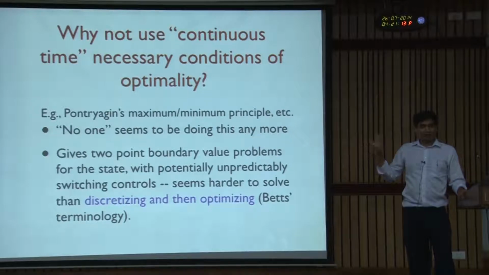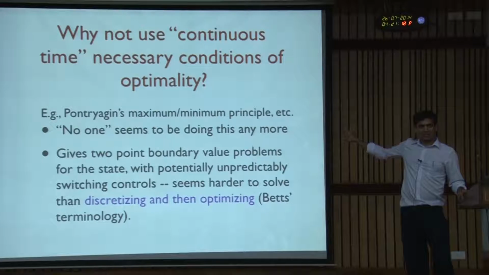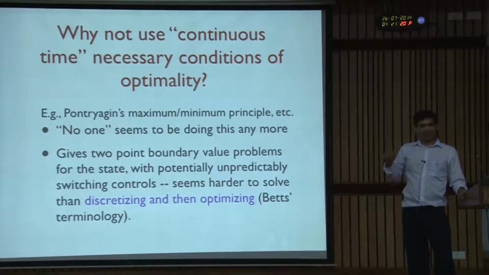That's a simple functional optimization problem. The kind of optimization problems that we have are of the following form: integral of f of x, x dot, u, where u is some other function like the torque, dt. That's the function that we want to minimize.